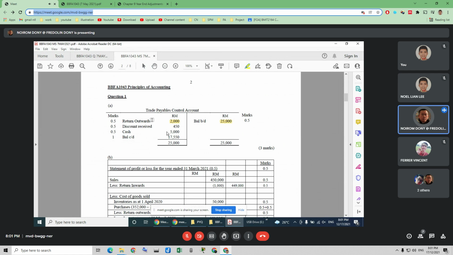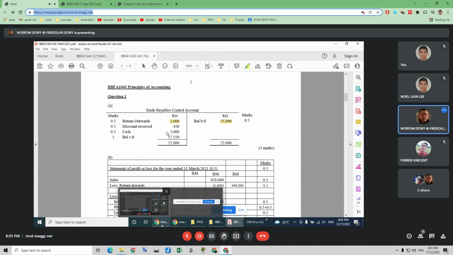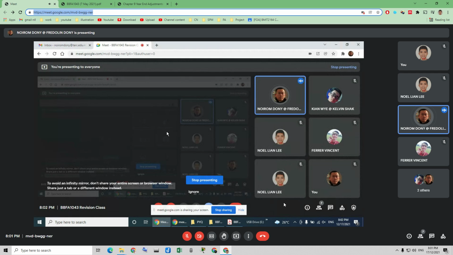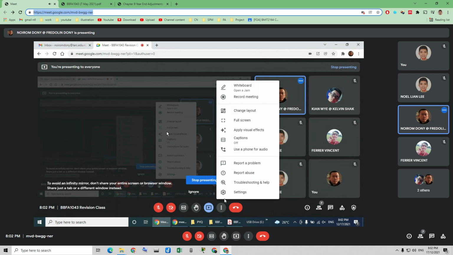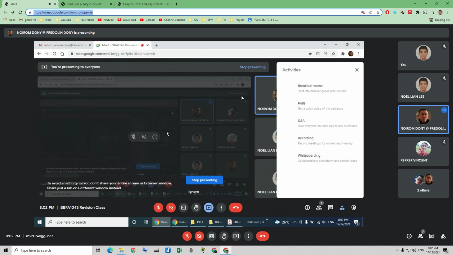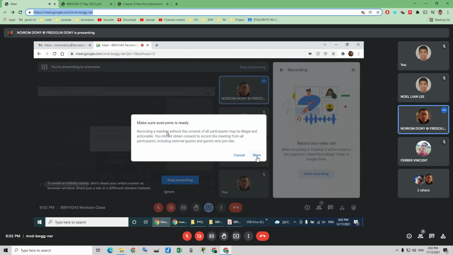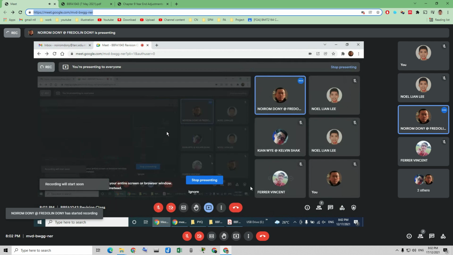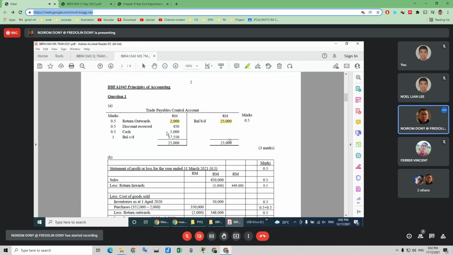Once you record this return outward, make sure, because whatever you have in the additional information is not being recorded yet. So you have to record.